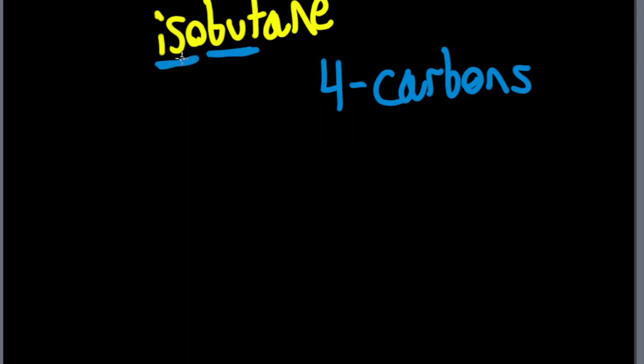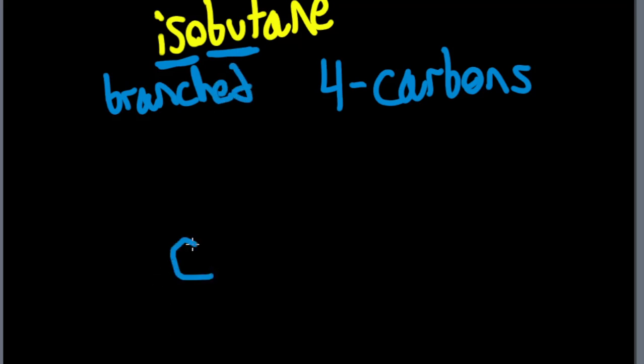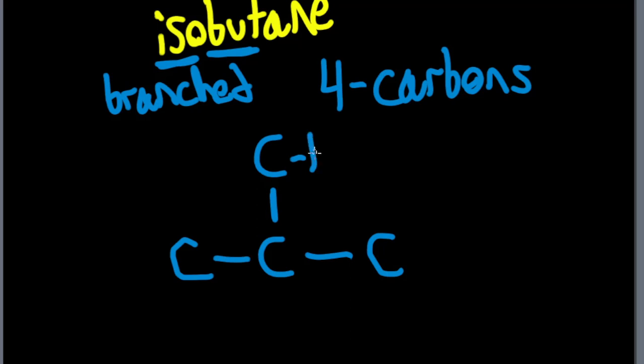The iso is going to tell me that it's branched. So the only way that I can draw isobutane is by branching one of the carbons up this way. And then I just fill in my hydrogens.